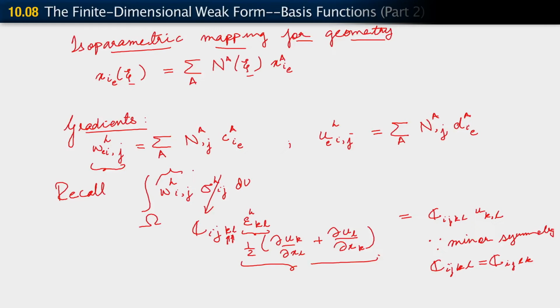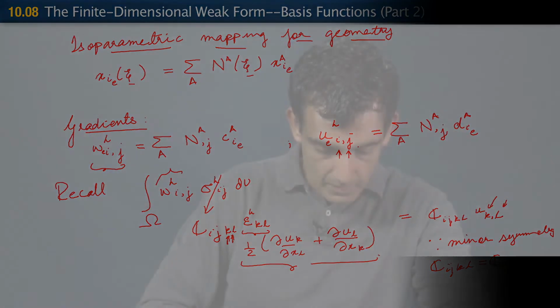But at any rate, we see clearly what gradients we need to compute. You should remember that k and l here are just dummy indices because they're being summed away. Or even otherwise, they would be dummy indices. And so when I say I'm going to compute i comma j here, it's really the same thing. So we do need to compute gradients. But once we have our isoparametric mapping, we know how to go about that as well.